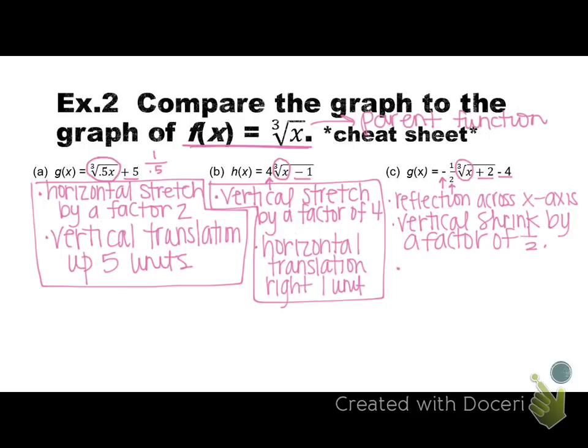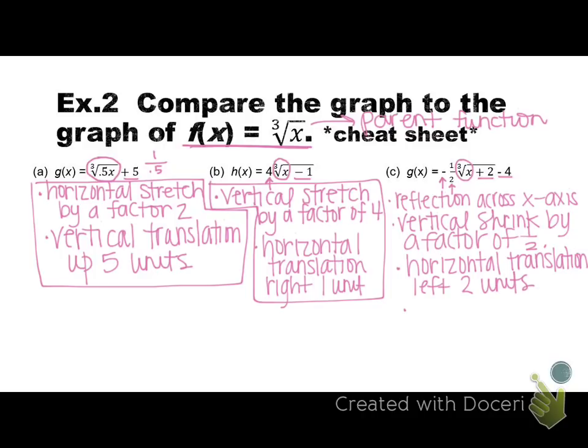Then you've got the plus 2 being done to just the x, so we know it's horizontal. It's a horizontal translation. Now be careful, this time it's a plus 2, so we think to the right, but it's actually to the left 2 units.